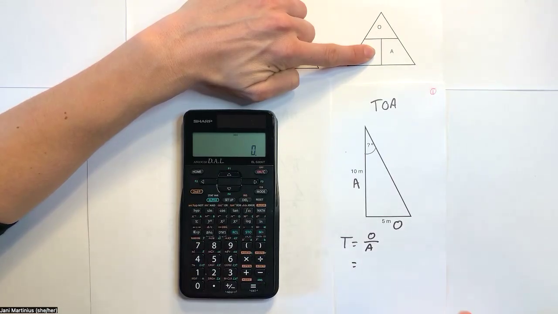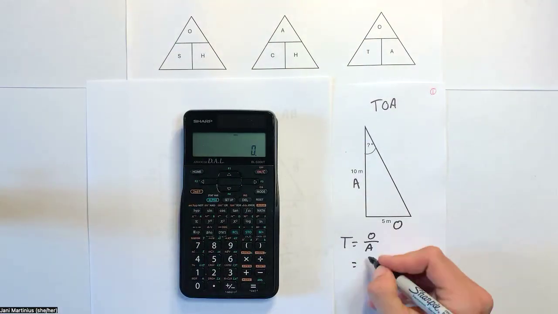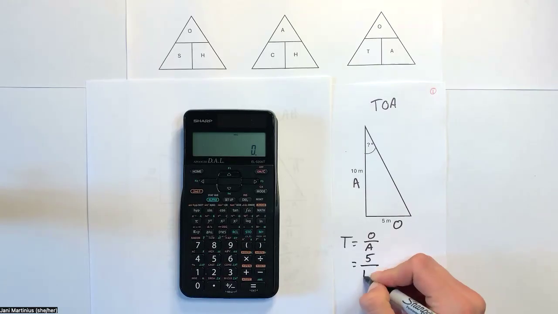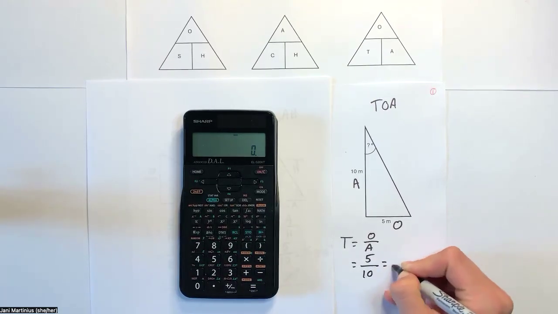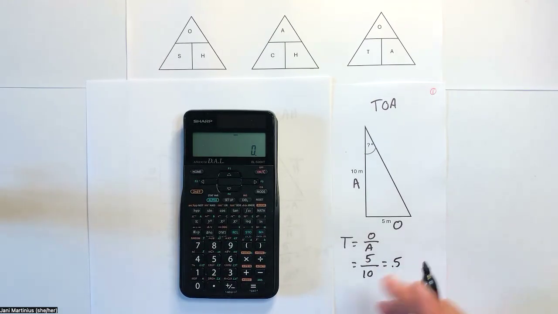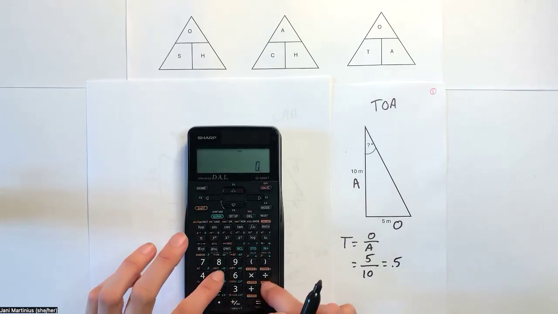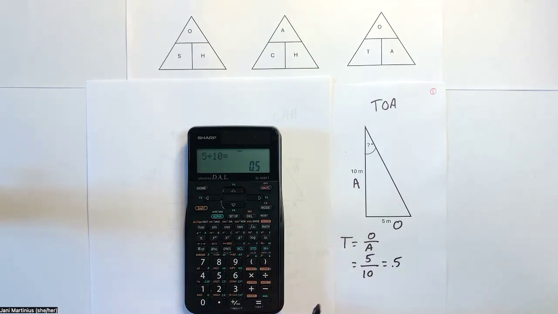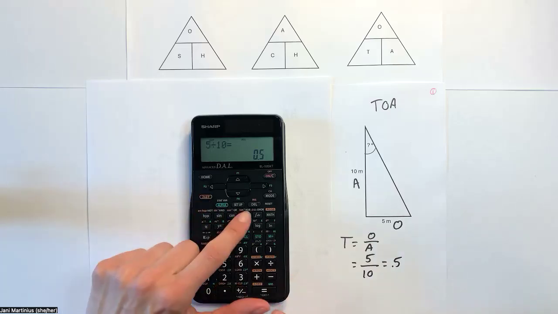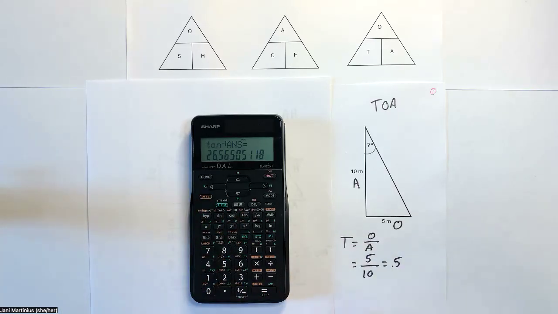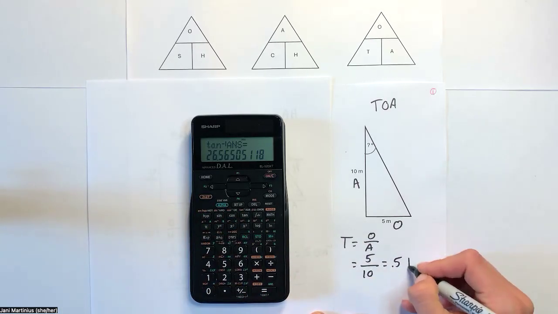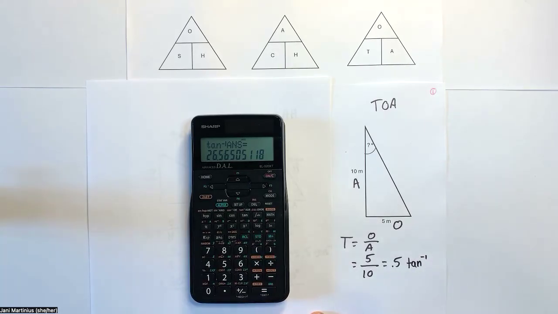Excellent. Now we plug in the numbers. We have opposite 5 over adjacent 10. Again, gets us 0.5, but check this out. 5 over 10 gets us the 0.5. Second function, tan. Always good to write that in there so you remember what you did, especially if you come back in a later year to review and you've forgotten all about it.